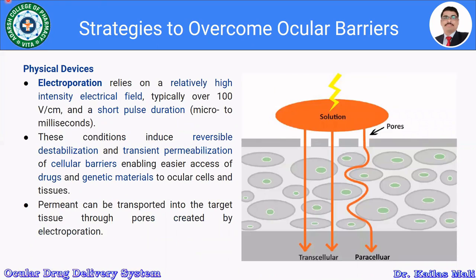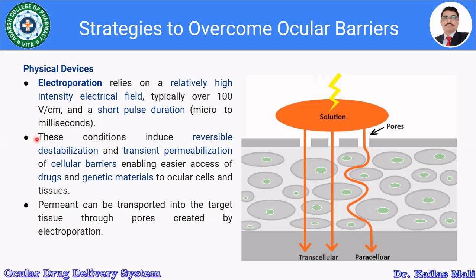Then electroporation. Electroporation is yet another physical approach to improve the ocular tissue permeability. Electroporation relies on a relatively high intensity electric field. We are applying the high intensity electric field, typically over 100 volts per centimeter, and a short pulse duration in microseconds or milliseconds, which creates pores. Through these pores, the hydrophilic drug is going to be permeated by the paracellular route or transcellular route.